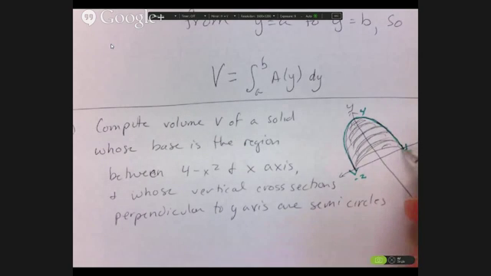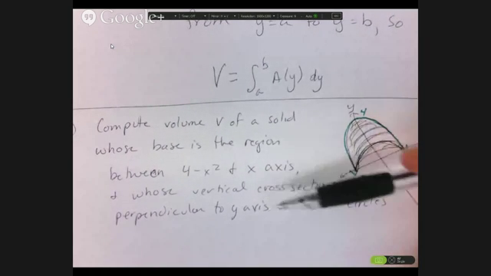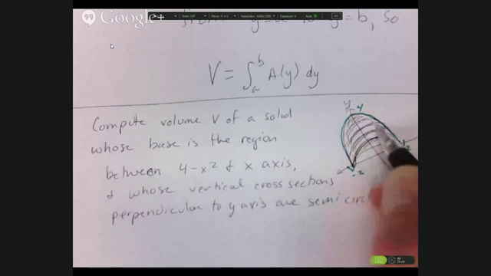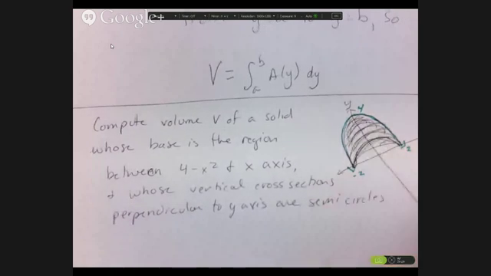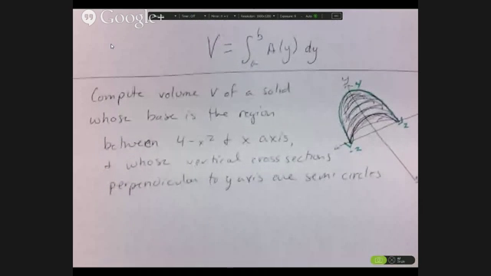So they actually have to come up like this. They're perpendicular to the y-axis. So here's the y-axis, they have to be perpendicular to it. And if you can draw three-dimensionally, the question is, how do we calculate the volume of that shape?